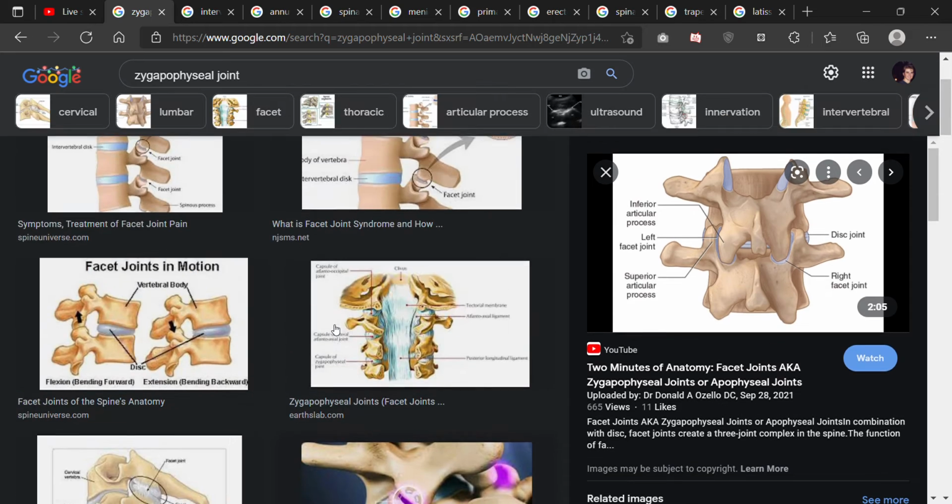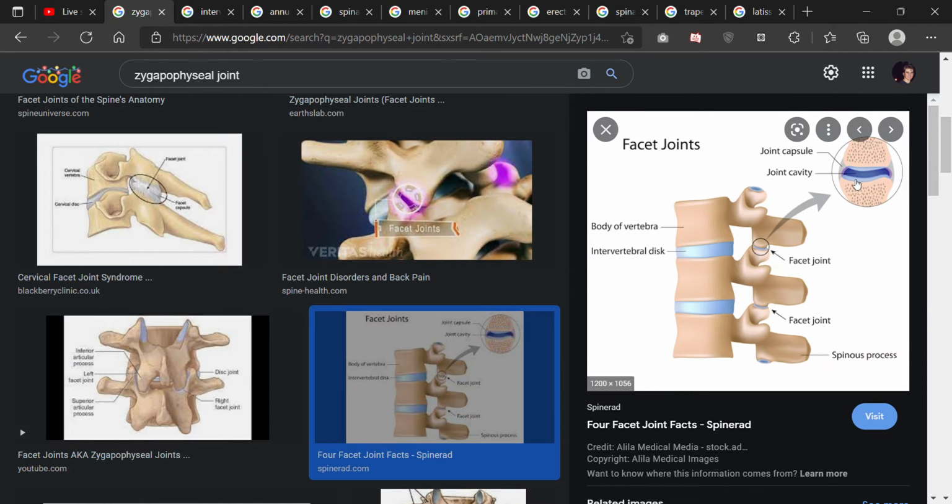Interestingly, it kind of resembles the knee, so it has a meniscus, or menisci. It's lined with hyaline cartilage, creates a capsule, and helps guide movements of the vertebrae.